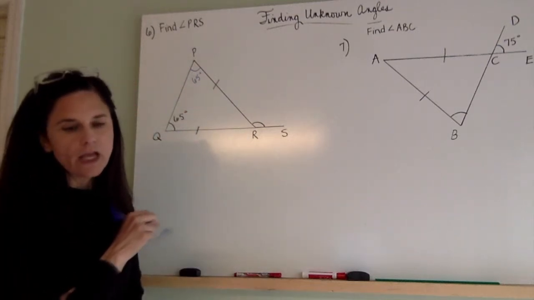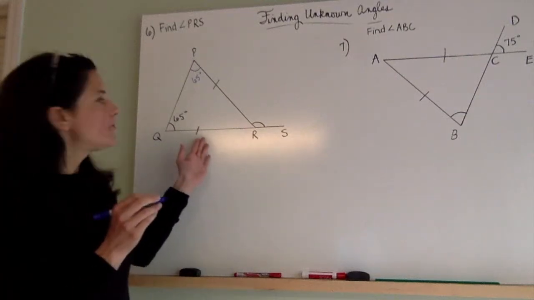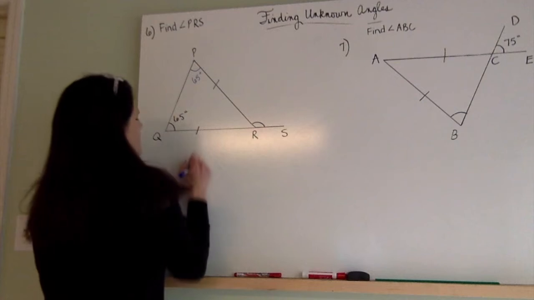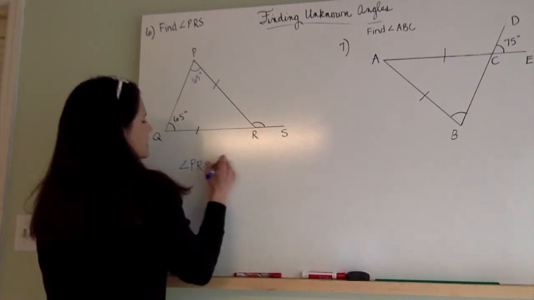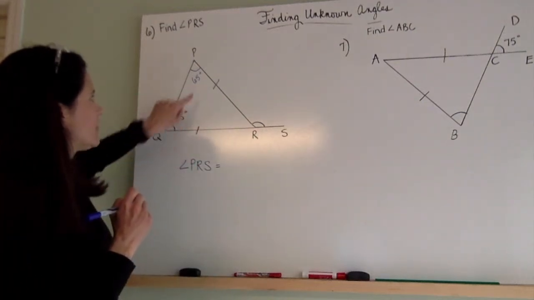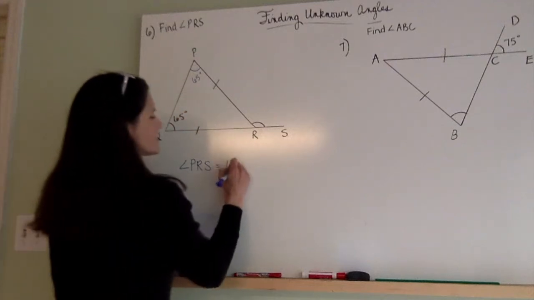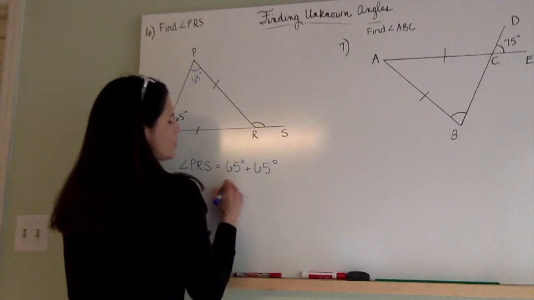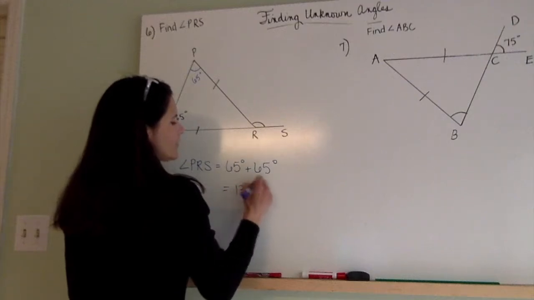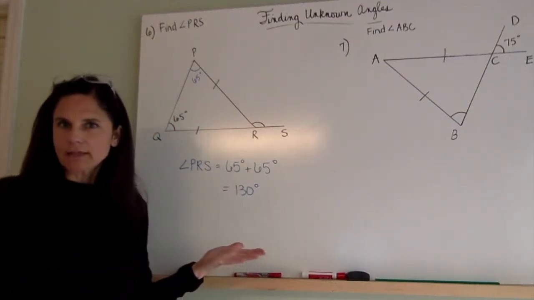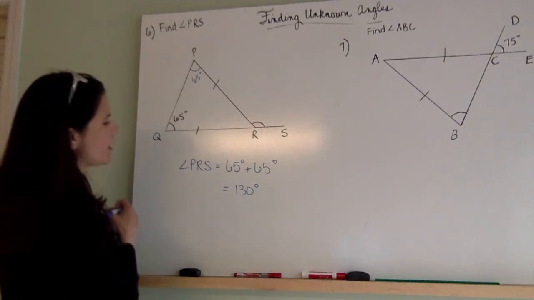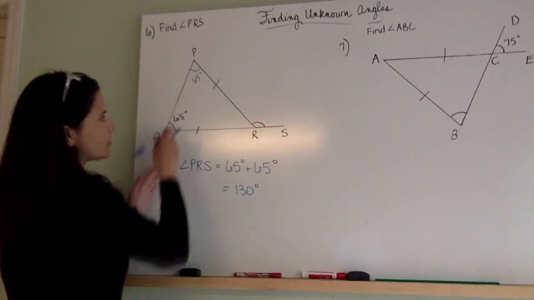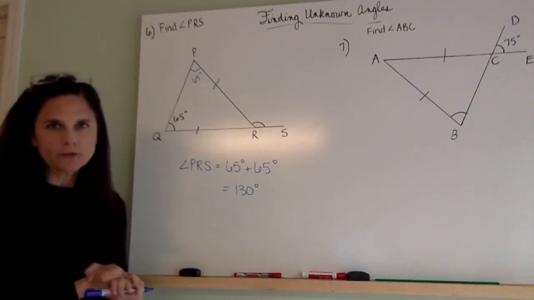So it's pretty simple to find this exterior angle. Angle PRS is simply equal to the two opposite interior angles, 65 degrees plus 65 degrees, which is 130 degrees. It's that simple. So the exterior angle is equal to the total of the two opposite interior angles.